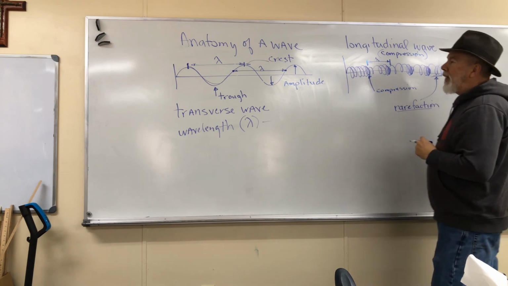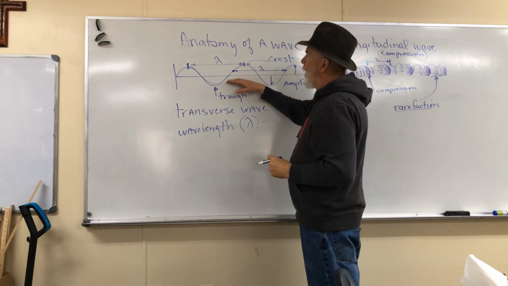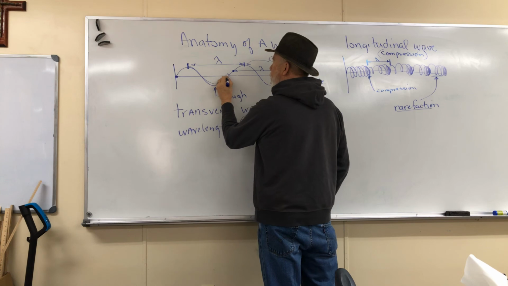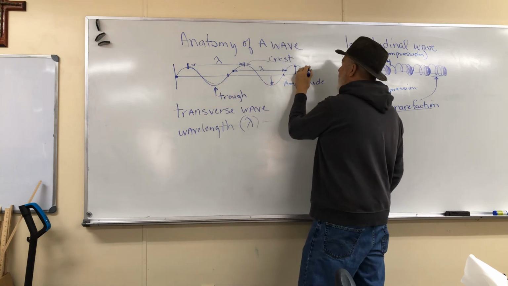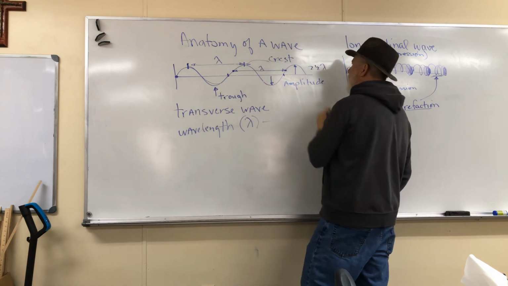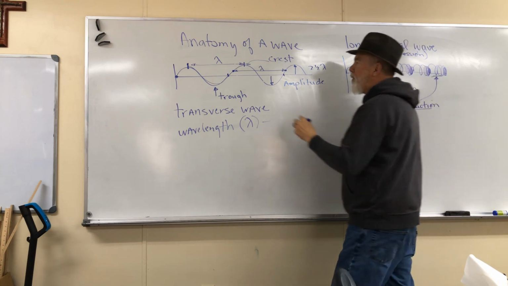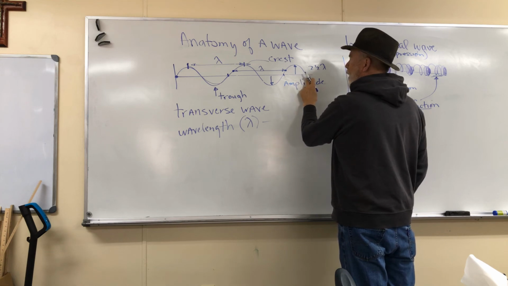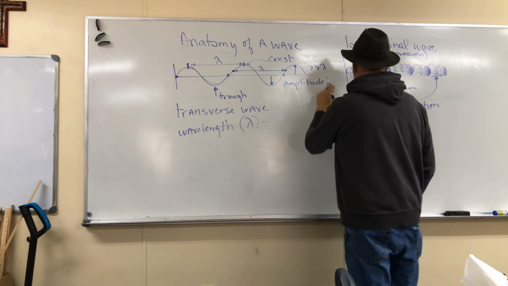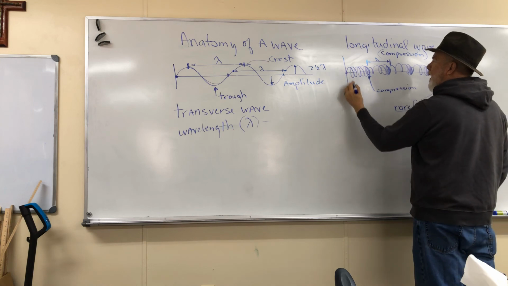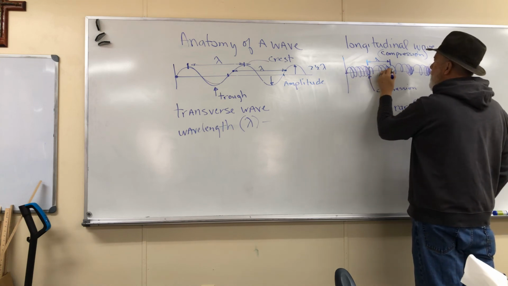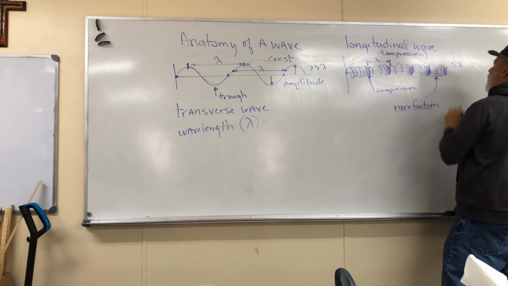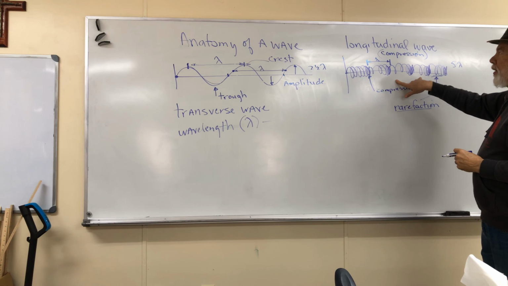And so in this diagram over here, if we started at the beginning, I would say that there is 1, 2, 2.5 wavelengths. Okay? One full one, a second full one, and then half of the third one. So that's 2.5. Over here, if I start at the beginning over here, I've got 1, 2, 3, 4, 5. So I have 5 wavelengths in this particular diagram.